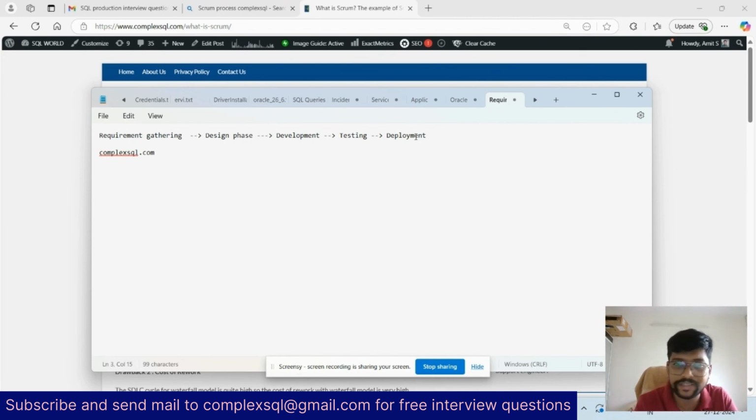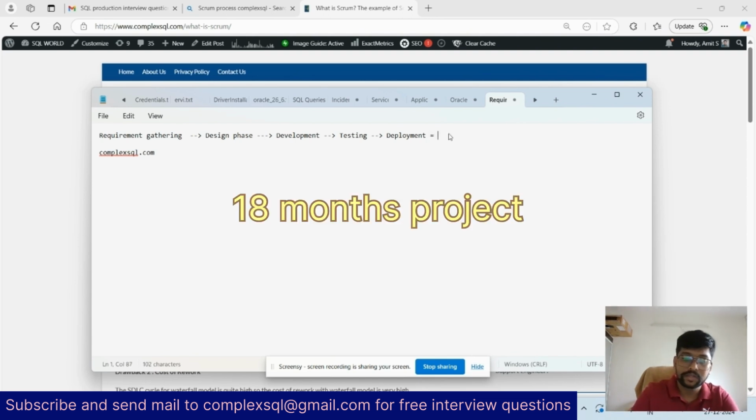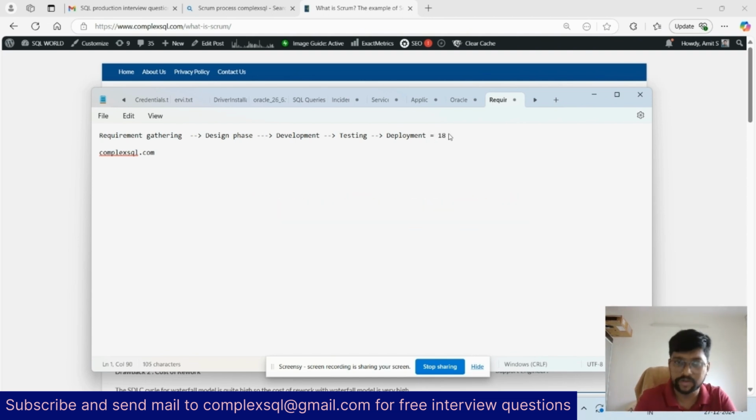Let's assume that. So 4 plus 4 is 8, 8 plus 6 is 14, and so it is an 18 months project for complexsql.com.